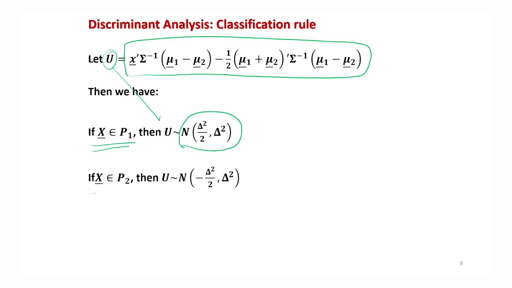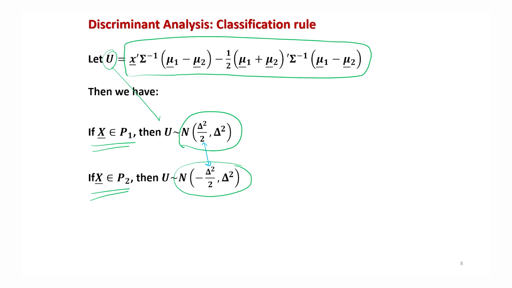And if x belongs to P2, then U follows a normal distribution with mean minus delta square by 2 and variance delta square. So you can see that the means of the two distributions have the same magnitude, but their directions are opposite.